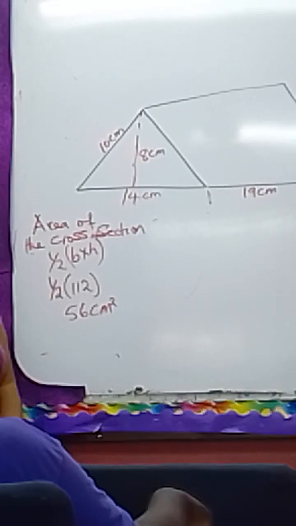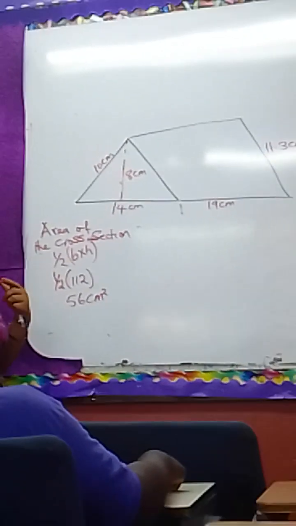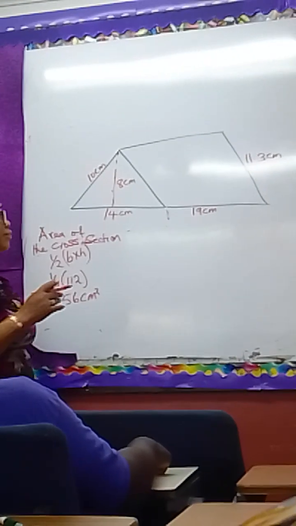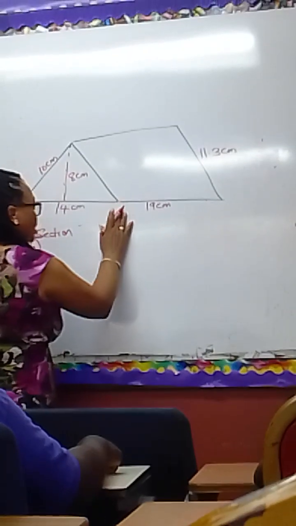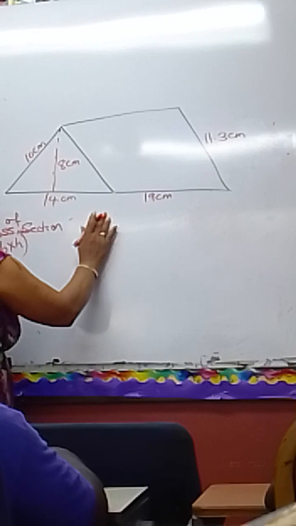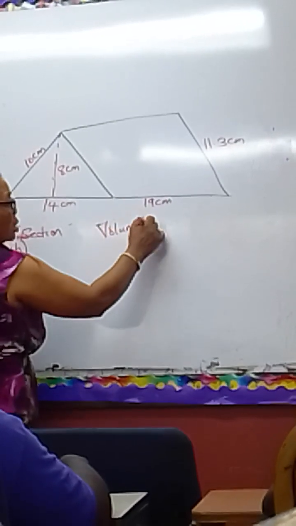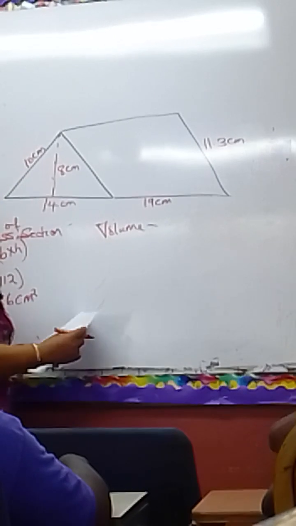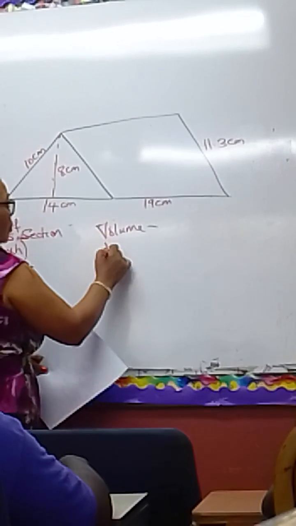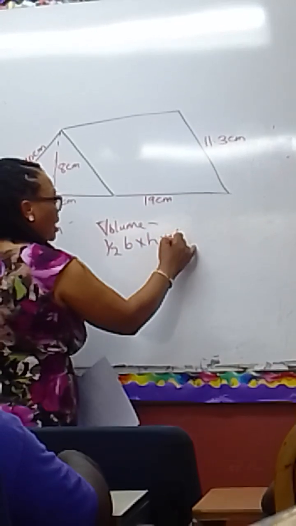The next part of the problem that you'll be asked to find is the volume. And to find the volume, it is going to be the formula. Remember I said, pay attention to these formulas and keep them in your mind. To find the volume, it is half the base times the height times the length.